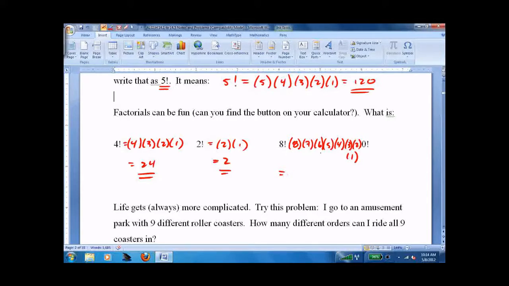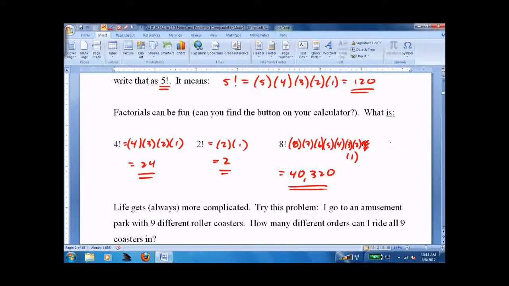And since I know that everything from 5 down equals 120, I only need to multiply 8 times 7 times 6 times 120. So if we had that for books, we'd have 40,000 plus choices to choose from.